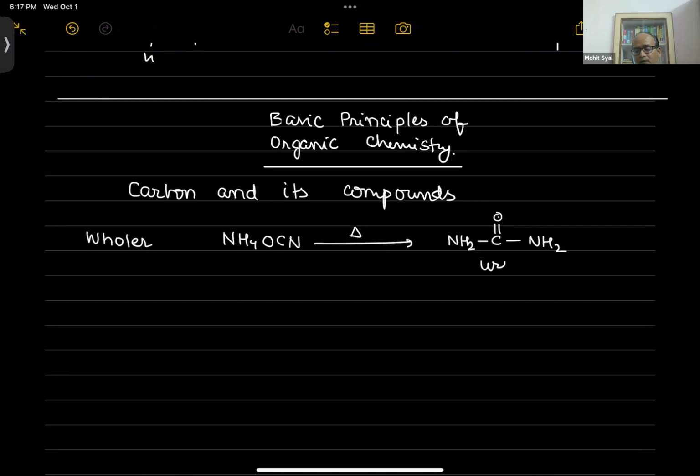This was the first compound which was prepared in the lab, and so the vital force theory was proved incorrect by this experiment. It was just imaginary. Got it? After that, now we can synthesize a lot of complicated compounds in the lab, right? So Wohler synthesized the first organic molecule, which was urea. Is it clear to everybody?